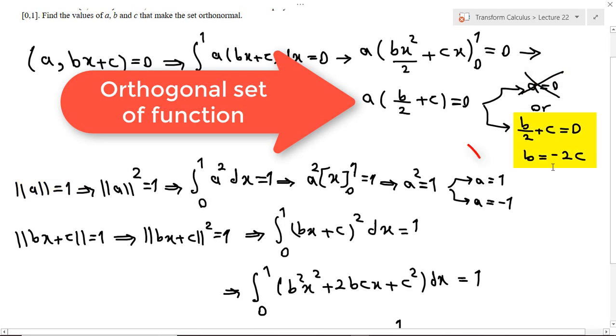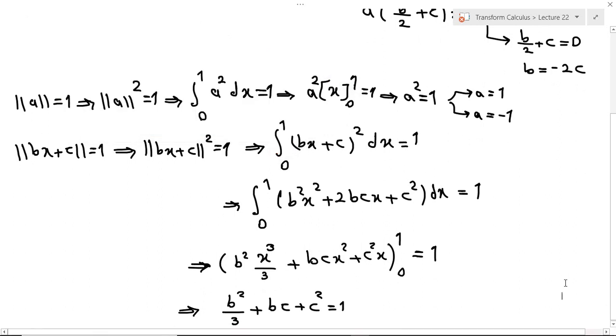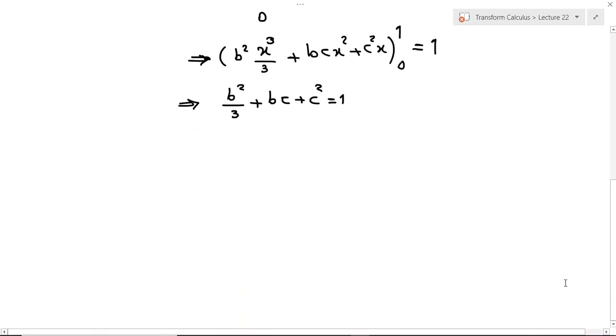As a result, b should be equal to minus 2c. So in this equation, I assume that b is equal to minus 2c. So we're going to have minus 2c squared divided by 3 plus minus 2c times c plus c squared is equal to 1.